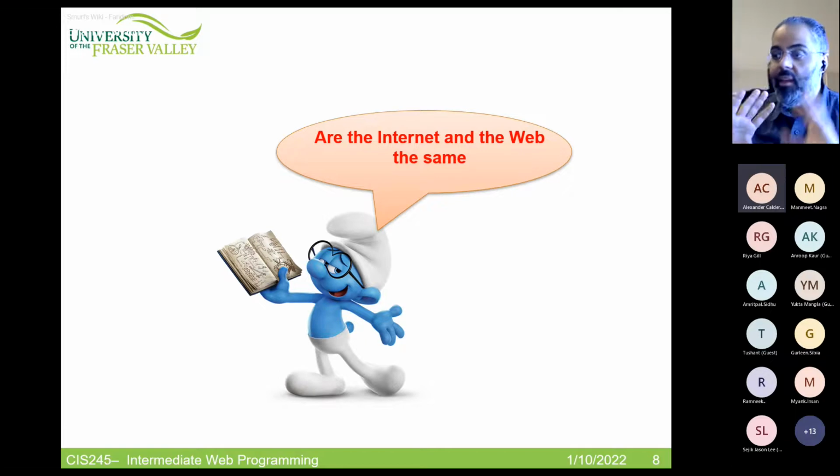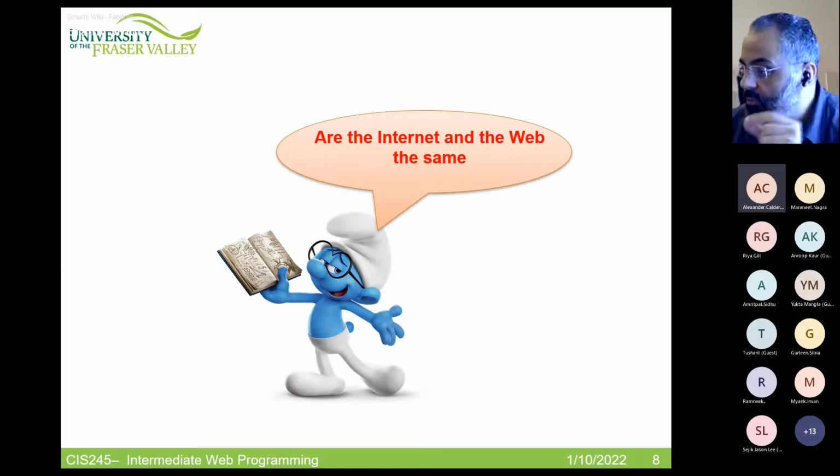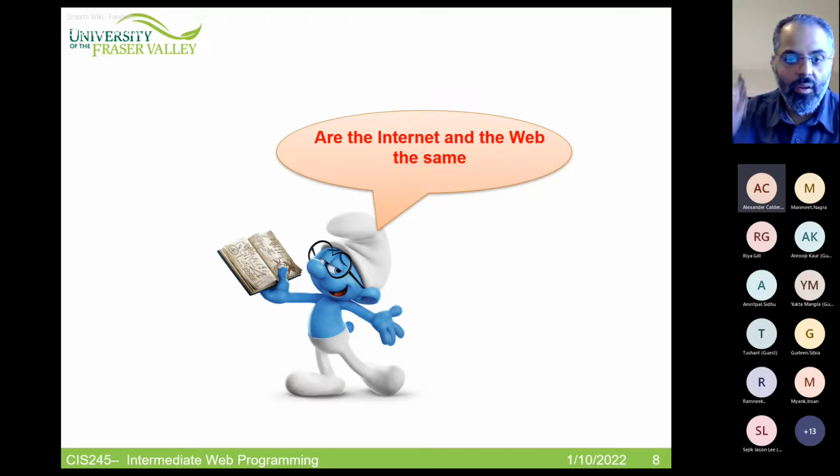So I can use two very simple words: the internet is the hardware, the web is the software. The internet, as the student said, is the network of networks. We have a lot of networks connected to each other with different network platforms.